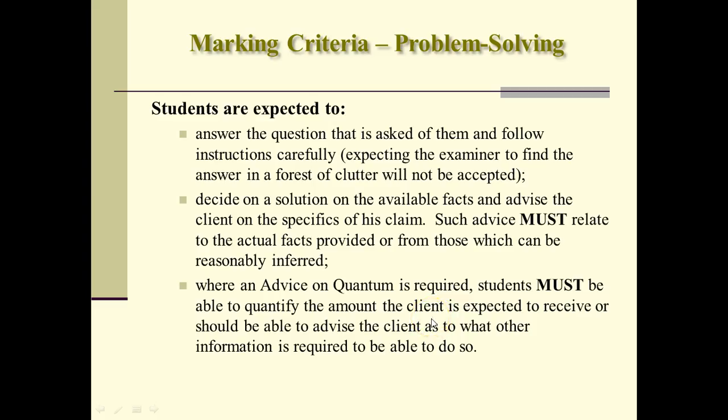One of the biggest differences between an advice on quantum and the IRAC method is that there's a special area in the advice on quantum called quantification, where you, as far as possible, take all the principles that you have applied in your discussions to date to make a dollars and cents assessment of what the client stands to get.